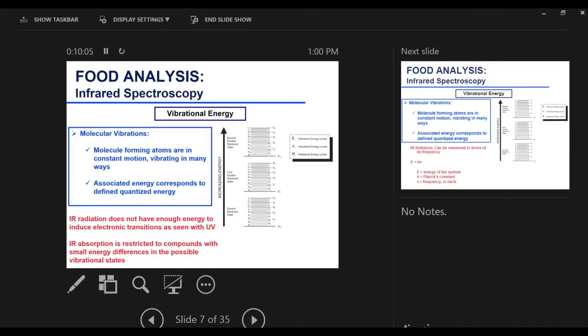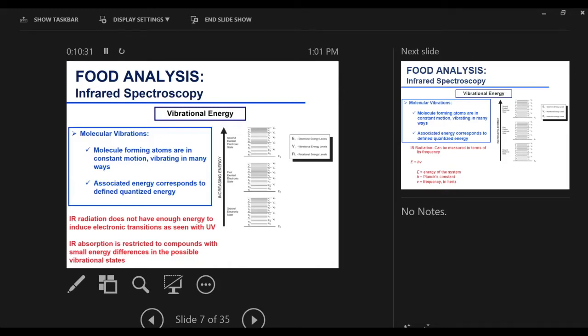So this is just to remind you that the energy associated with IR is equivalent to the vibrational energy that is allowable within each molecule. And it's quantized, not continuous. This is just a reminder of our intro to spectroscopy lecture. You can see here that electronic energy is not achieved within vibrational energy.